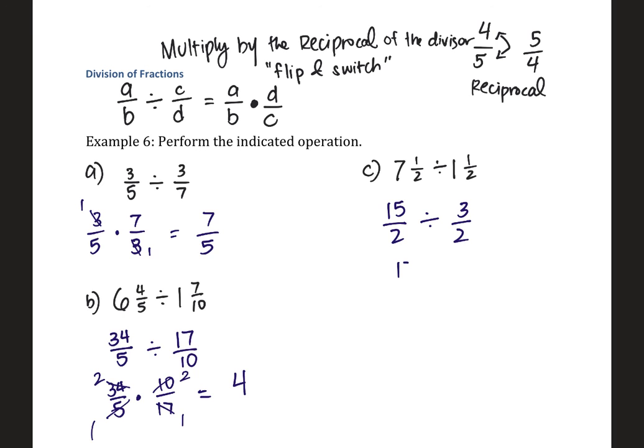Multiplied by the reciprocal of that divisor. Cancel where I can. Both of these numbers are divisible by 3. This will become 1. This will become 5. I'm dividing both by 3. 2 and 2 will cancel each other out, so we have 1 and 1. We're left with 5 times 1 over 1, which is just 5.